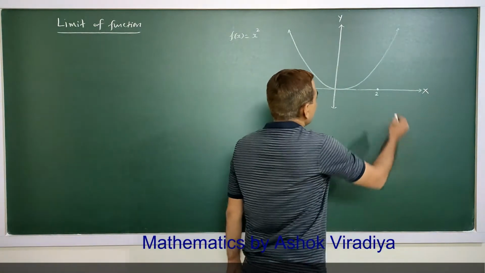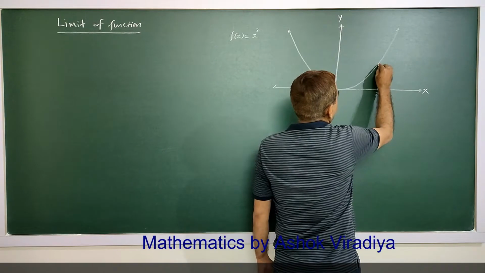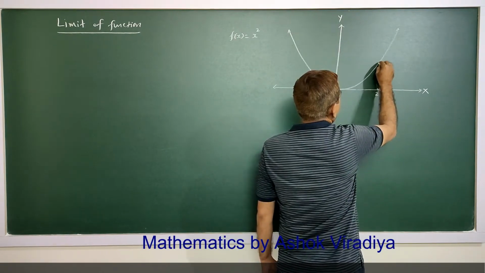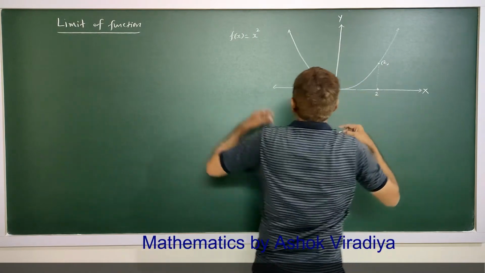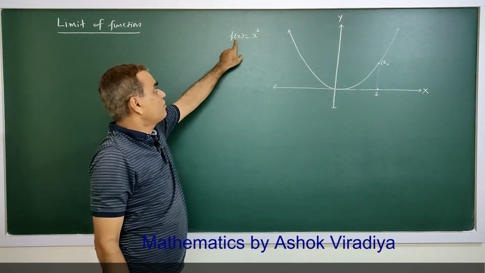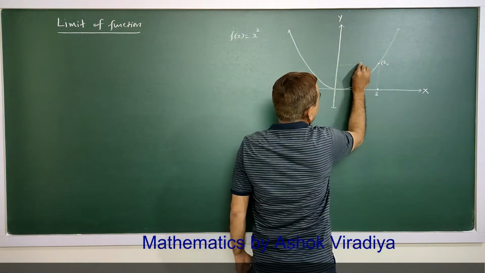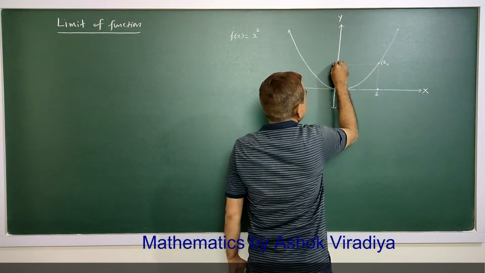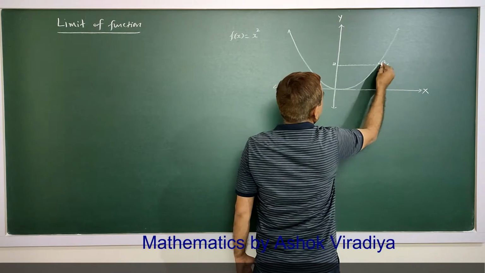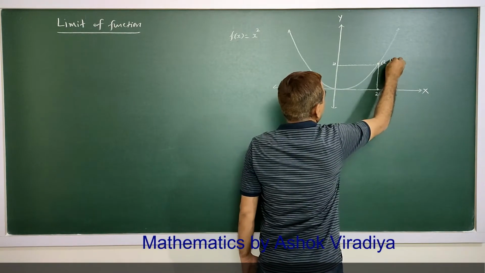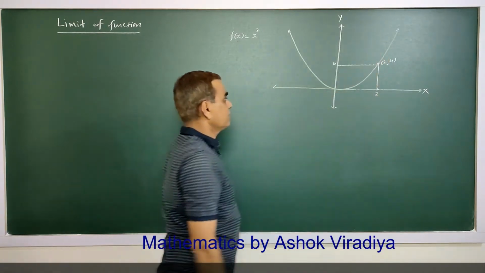At x equal to 2, the x coordinate of this point is 2. Putting x equal to 2, f of 2 is 4. So this number will be 4. So this is a point (2, 4). It's a point on this curve.